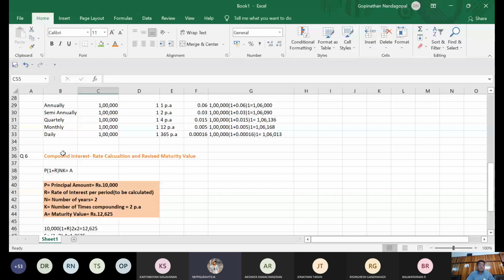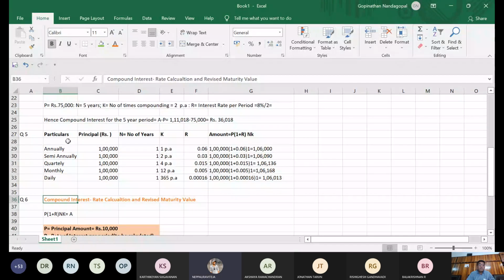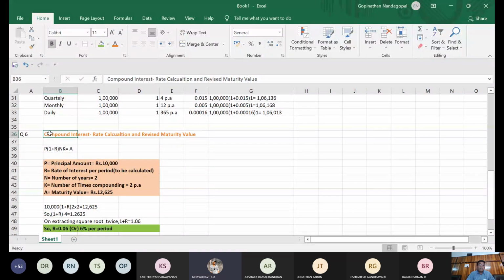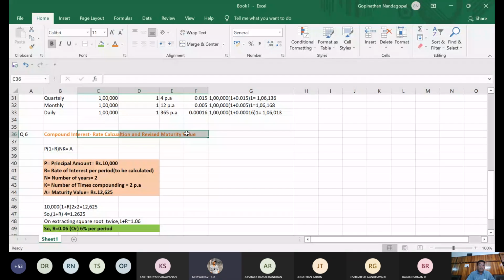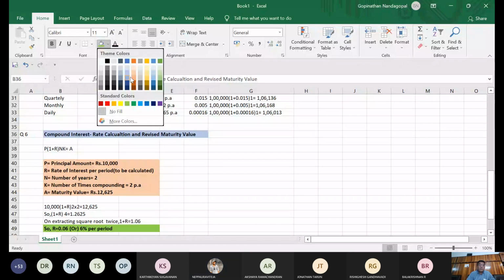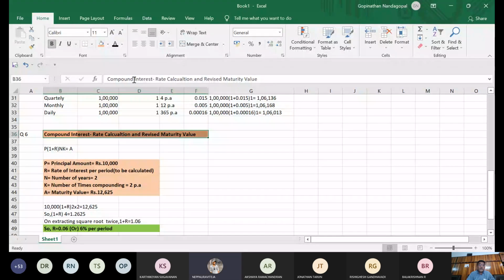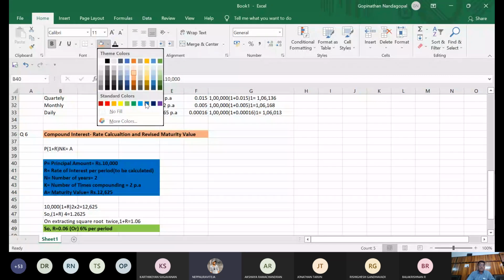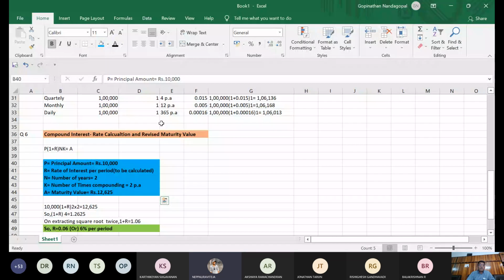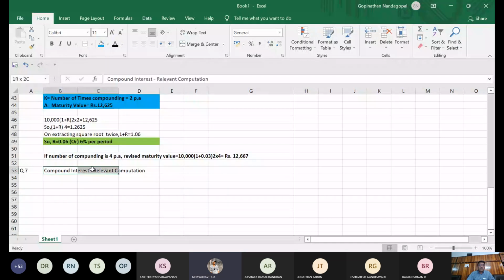How much total interest was earned, given that 1 plus r whole to the power n into k is 1.030225 for rate equals 1.5% and n into k equals 2, and 1.0307751 for rate equals 0.5% and n into k equals 6.